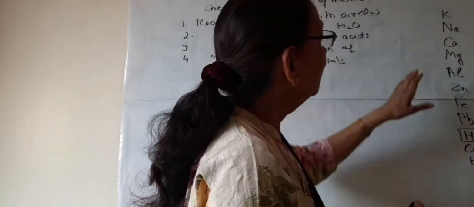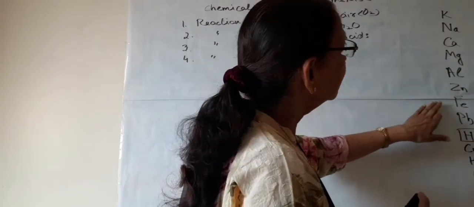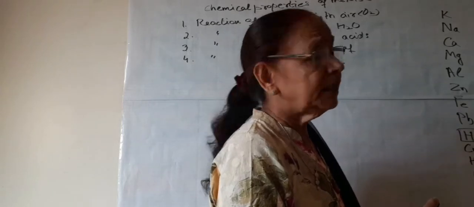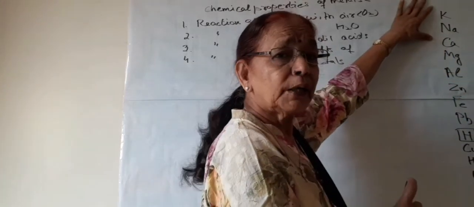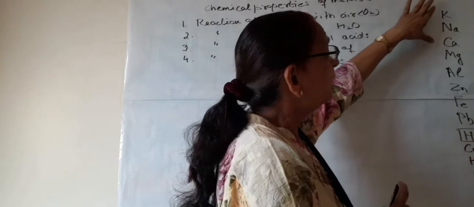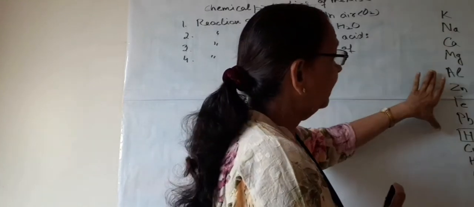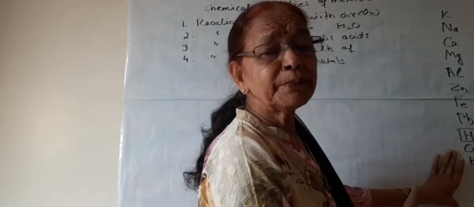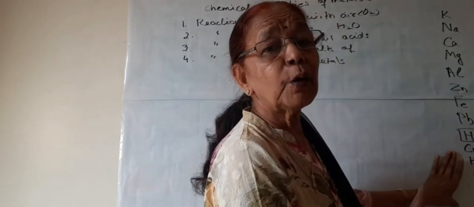What does it mean? This series is in decreasing order of their reactivity. That is, the metals on the top are most reactive, in the middle mildly reactive, and at the bottom may not react at all.